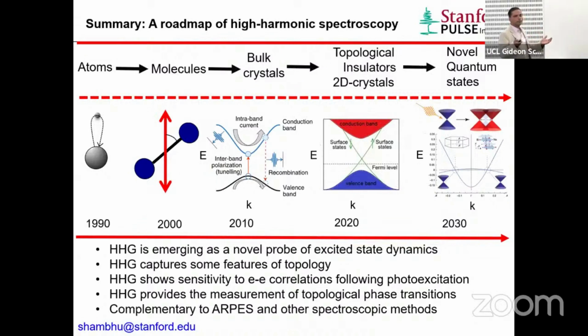ARPES has been the workhorse for probing the band structure, but it actually fails spectacularly when there is a strong field, because the strong electric field spoils the electrons that you produce from the surface state. Harmonics, on the other hand, naturally give us optical radiation coming out from the driven system, and would be a nice way to probe this. So with that, I will end here, and I would be happy to take any questions.